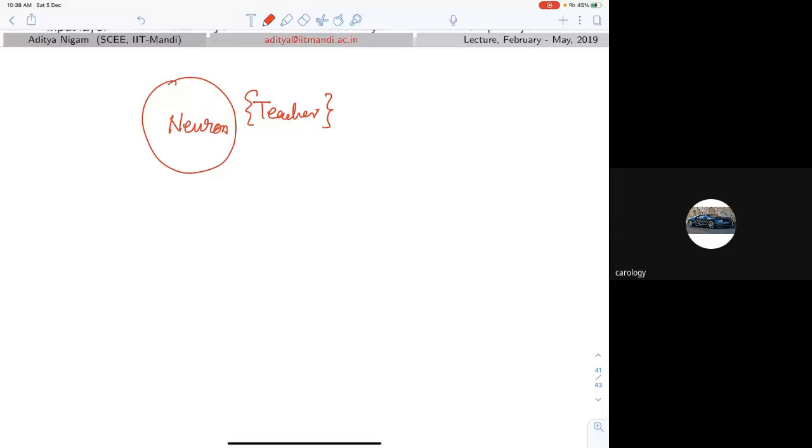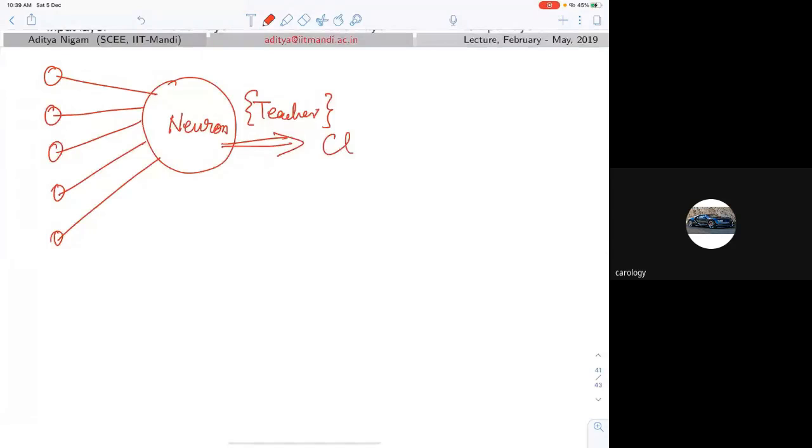Now, being a teacher, I am like a neuron, and I have all of my students standing like this in front of me. So I am connected to all of you. And why am I connected to all of you? Because I wanted to tell whether this class is good or bad.